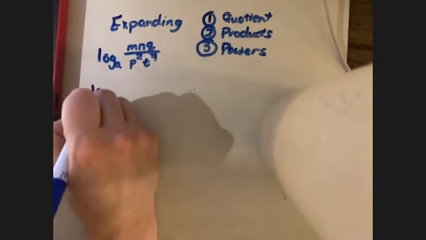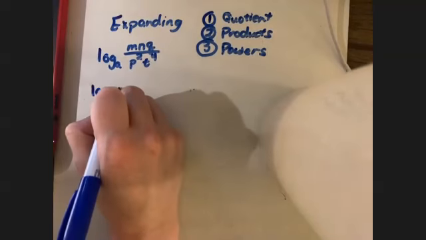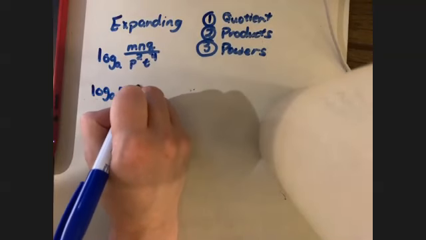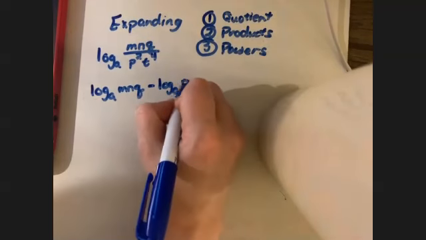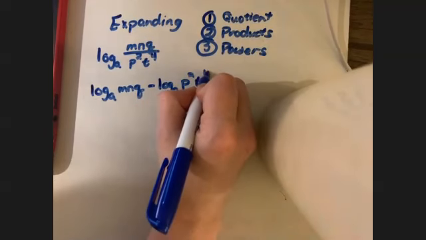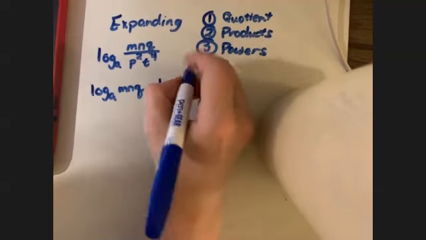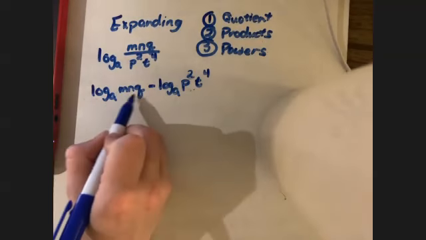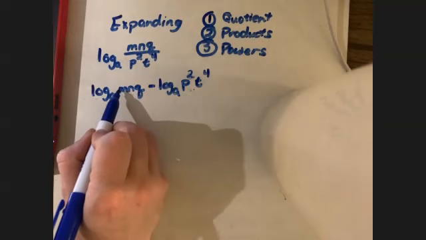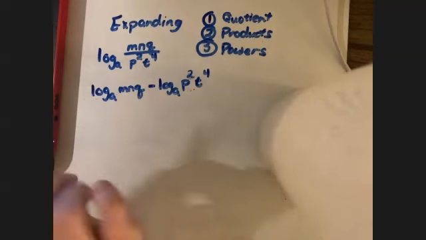So we take a look and we do see a quotient. So we're going to separate that into log base A of MNQ minus log base A of P squared T to the 4th. Okay, so now products. We've got a couple of different products going on. Over here, you can expand this into all multiplication, and that's allowed.